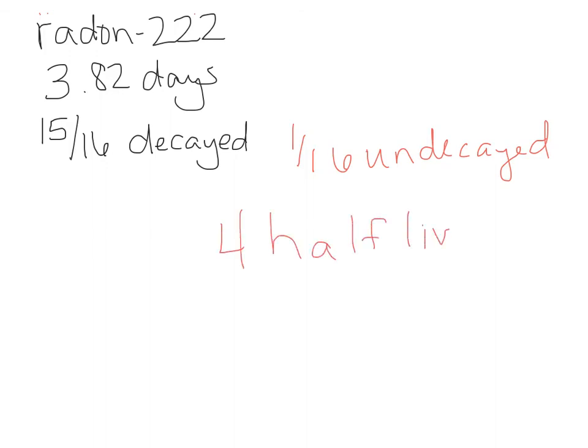And again, I'm getting this 4 from the table that you did. I look at how much I need to have undecayed, and I get the number of half-lives from the table. So, 1 half-life is 3.82 days. You multiply that by 4.